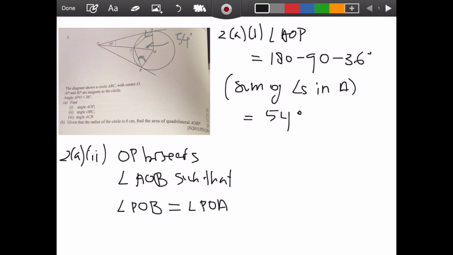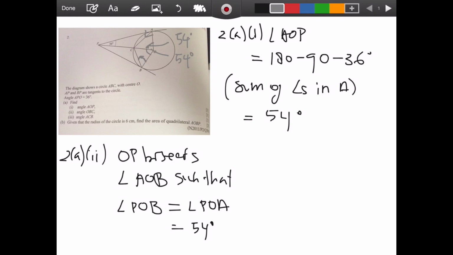POA, just now, we found out to be 54 degrees. So this is also 54 degrees, because when OP bisects, the line PO divides angle AOB equally.